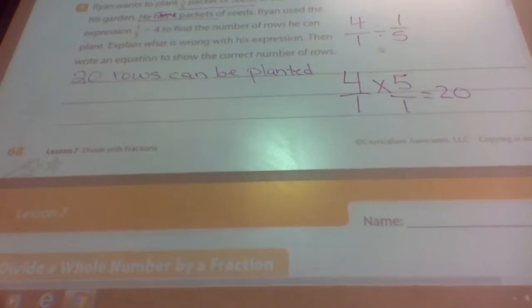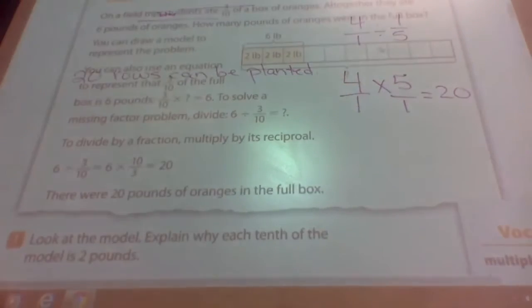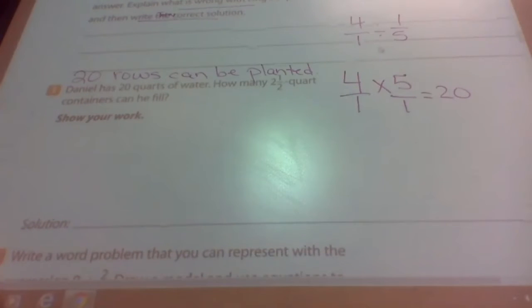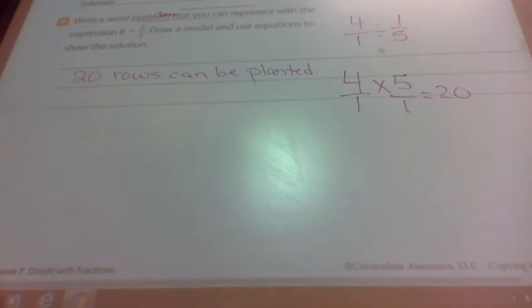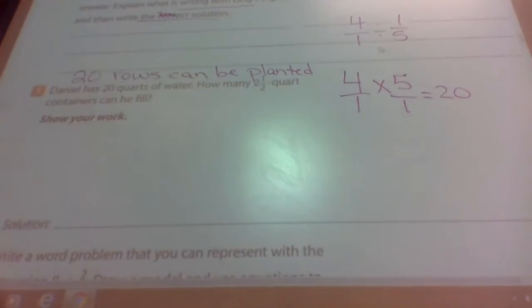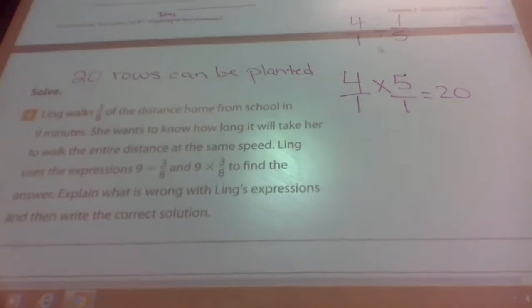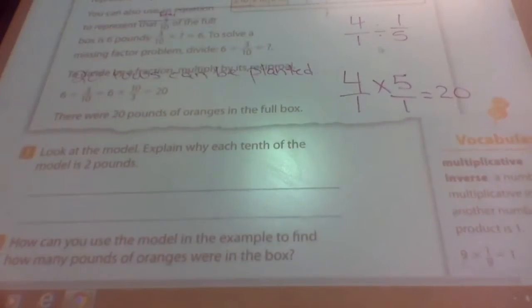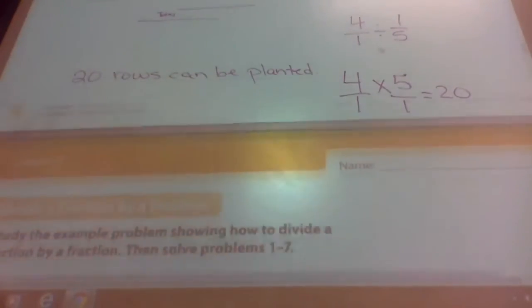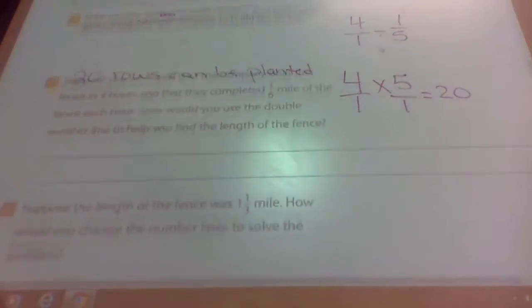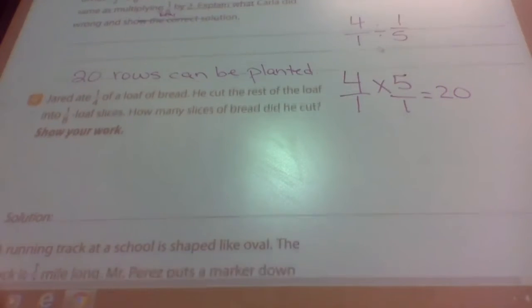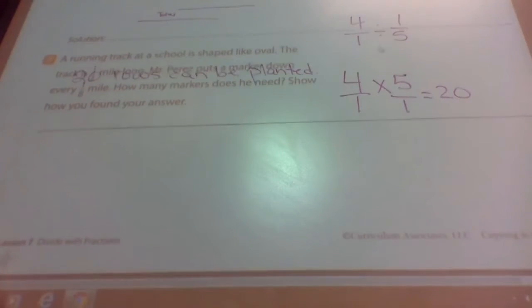All right. The next page. All right. Turn to page 72.